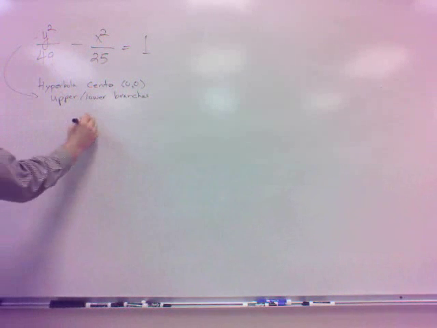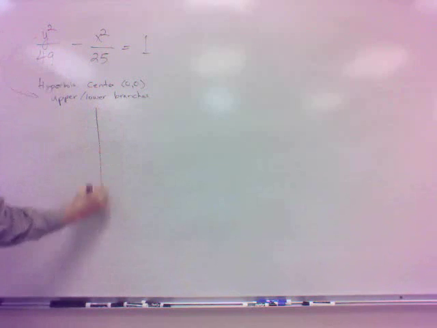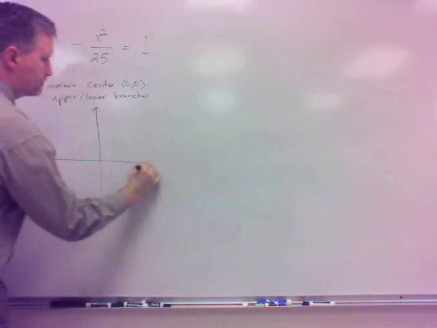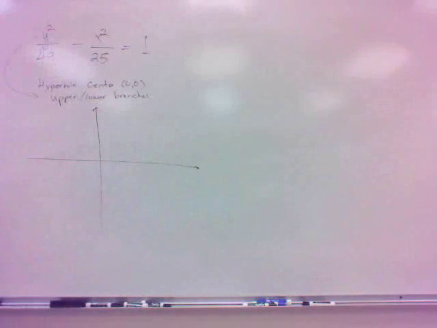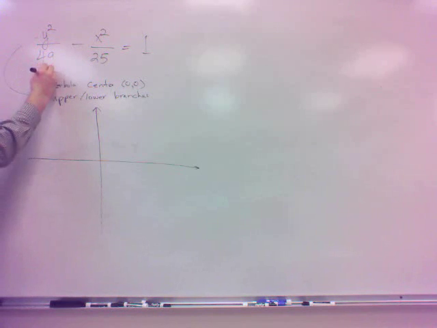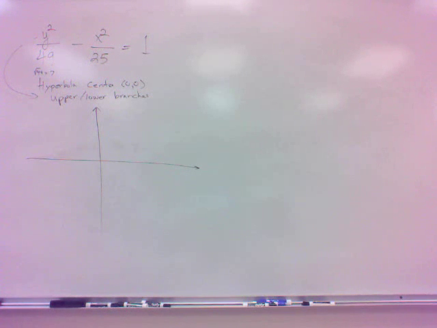Okay, so I put that all here together. Now, be aware here, the y squared is first. So I'm going to go out square root of 49, 7, which way? That one's not in the x direction because it's under the y.